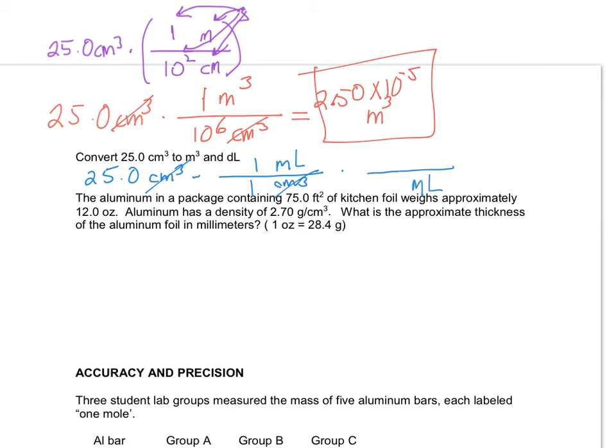So I'll put milliliters on the bottom, deciliters on top. A deci is 10 to the negative 1, and milli is 10 to the negative third. So the difference between them is 10 to the second. That's the bigger unit, so that gets a 1, and then the milliliters get 10 to the second. So 0.250 deciliters.